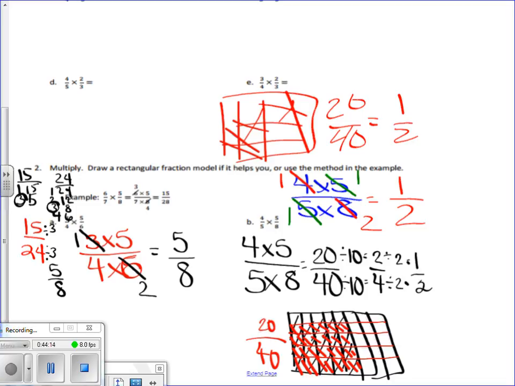When I say show work, your rectangular model has to look precise for me to give you credit for showing your work. So if you're determined to show a rectangular model instead of showing your work, it better be precise.